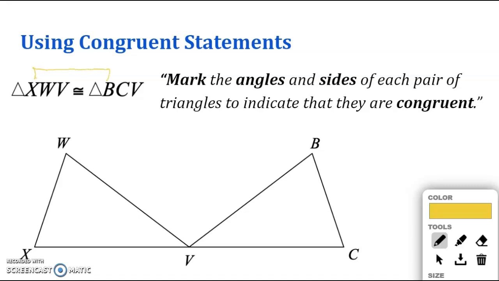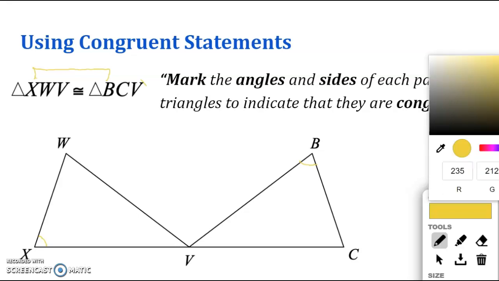Find your vertices X and B. They're going to have the same number of arcs to communicate that these two are the same corresponding parts. Just because they look like they could be a reflection, you cannot go with what it looks like. You might think that W corresponds to B and X corresponds to C. But no, you need to go from what is given: triangle XWV is congruent to triangle BCV.